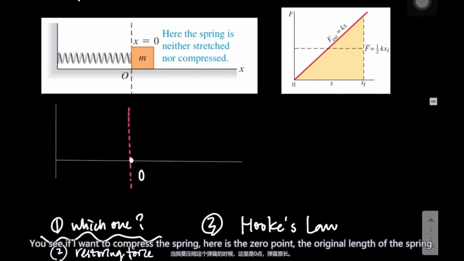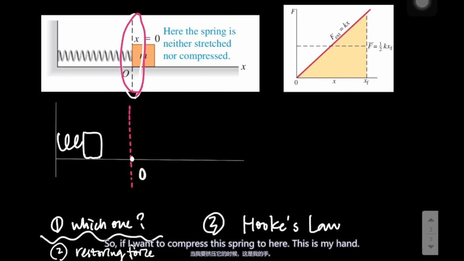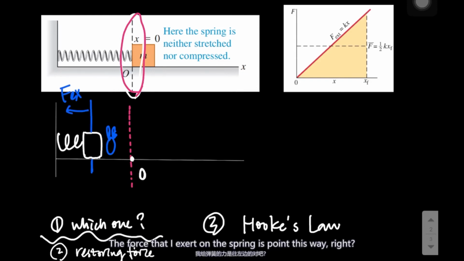You see, if I want to compress this object, here is the 0 point, the original length of the spring. Okay, so if I want to compress the object to here, and this is my hand, the force that I exerted on the spring is pointing this way, right?